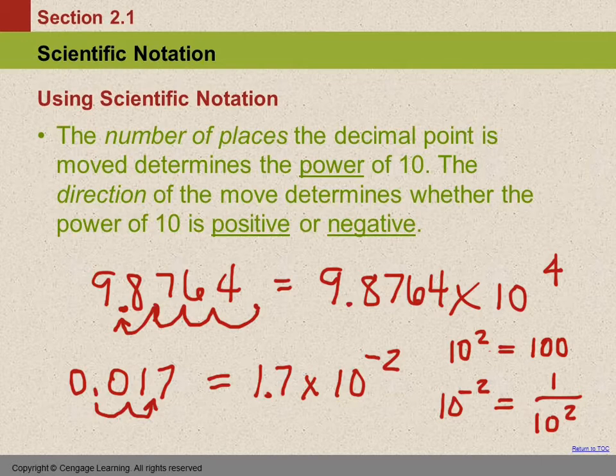It means we're dividing by 100 instead of multiplying. So that's how these small numbers have negative exponents. Any questions yet? We're going to do some more examples.